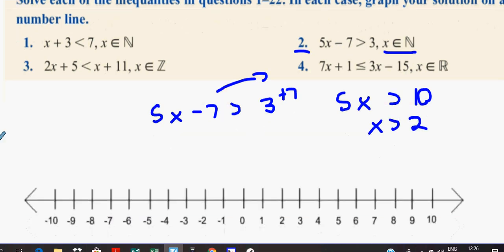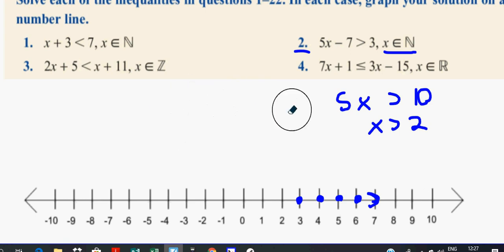What natural numbers are greater than 2? Can I include 2? Can I include fractions and decimals? Why am I not allowed to include fractions and decimals? Yes, natural numbers. So the first number I can think of is 3, 4, 5, 6, and then it continues on forever. This little arrow indicates that I'm going to go on forever. Does that make sense?